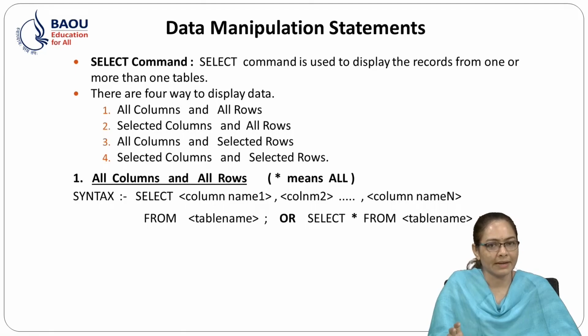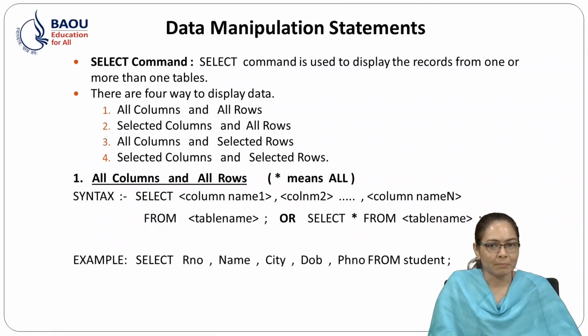Or the next way is select star. Star means all the columns. If we do not write all the column names, then we can also use the star. So select star from table name. Or we can also use all in place of the star.